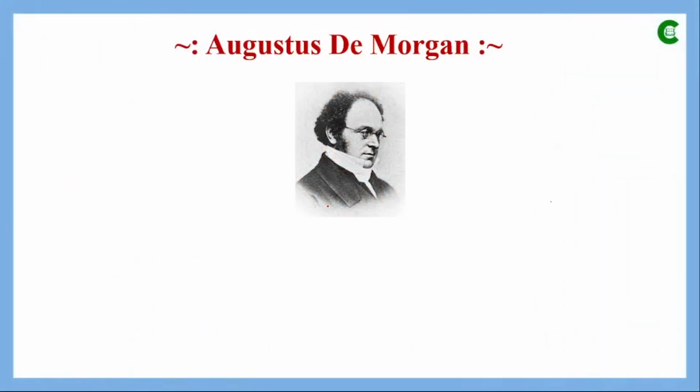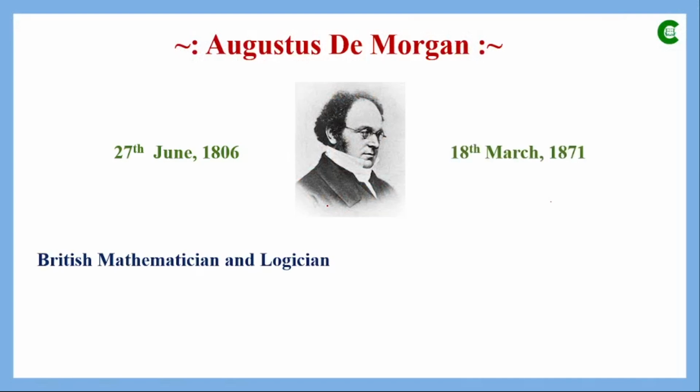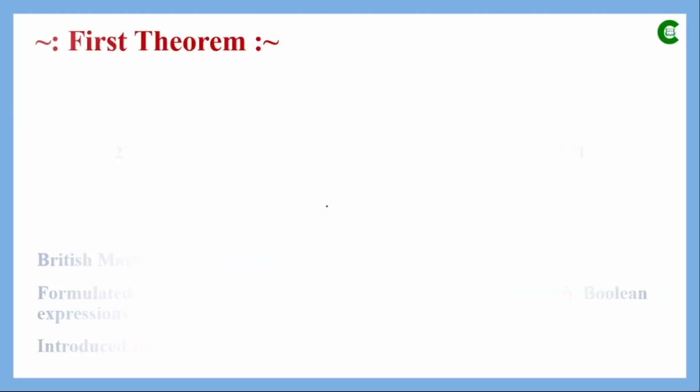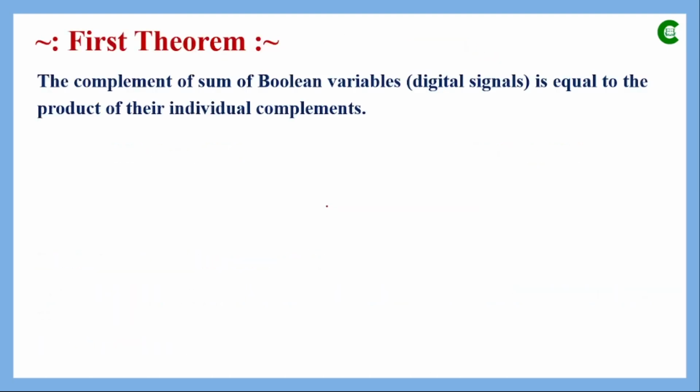These theorems were formulated by British mathematician and logician Augustus De Morgan, and as I said, these two theorems are very important to simplify Boolean expressions. The first theorem says that the complement of the sum of Boolean variables or digital signals is equal to the product of their individual complements.